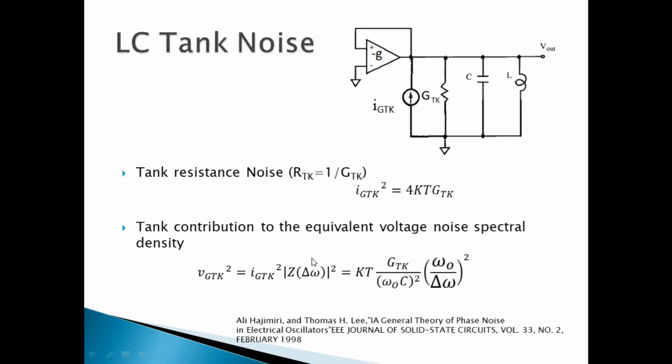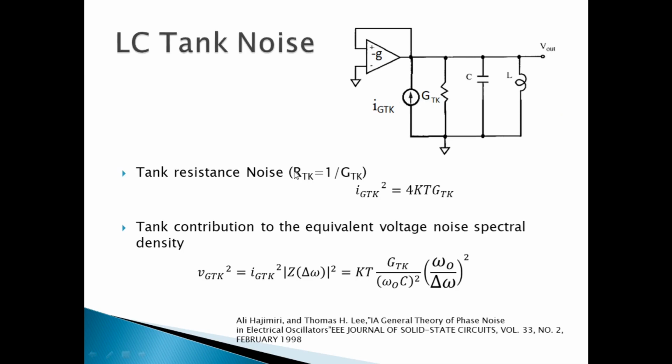By squaring this term, taking the magnitude of that, and multiplying with the injected noise current squared per hertz, we end up getting voltage squared per hertz appearing across the LC tank. That is why the square of the absolute value of the tank circuit impedance is important, because that is the basic mechanism that will convert the noise current into noise voltage.